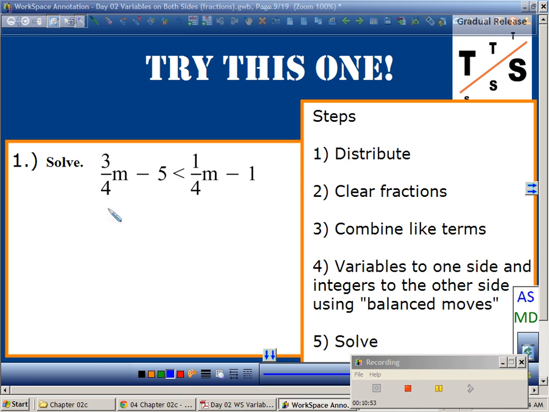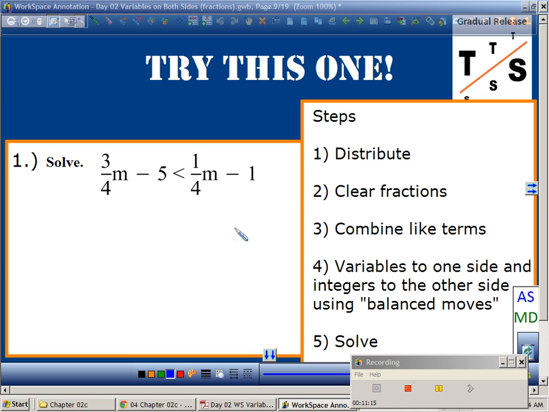Okay, so Mario, what was your first step? Okay. Oh, okay. So you chose not to clear fractions at all. What's our first step? Distribute. Is there anything to distribute?